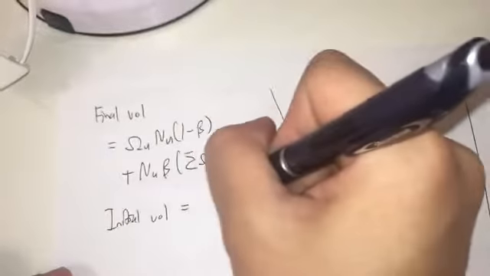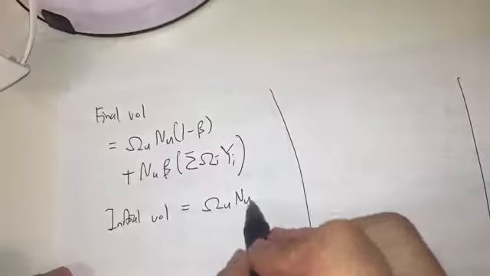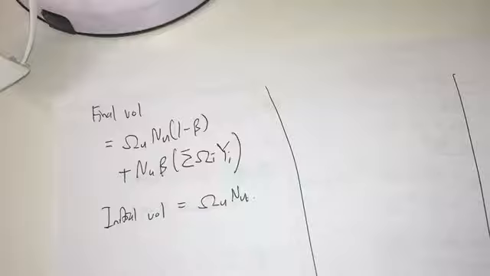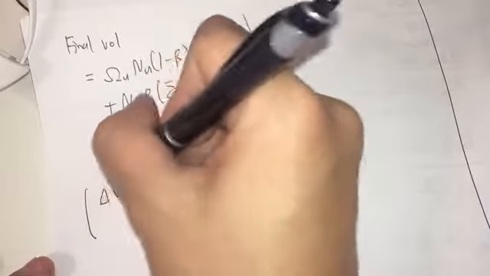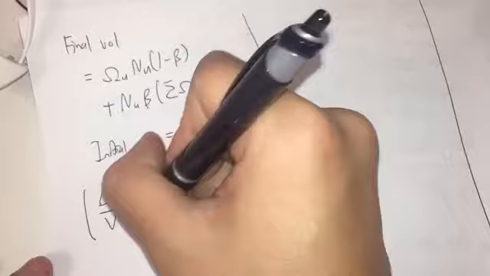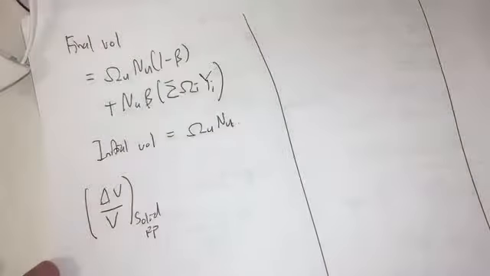Remember our initial volume, and that equals omega u and u. So this is the number of uranium atoms to start with. So if we want to find a swelling equation, all we want is this delta V by V. Here, we just find it for the solid fission products.